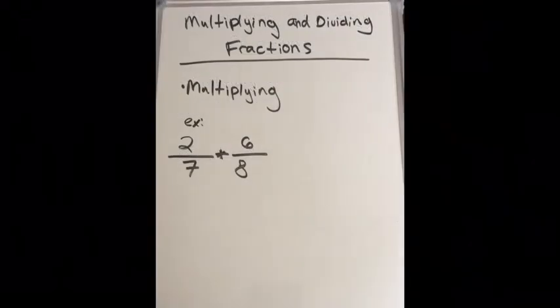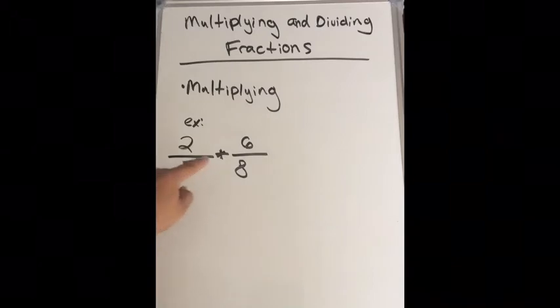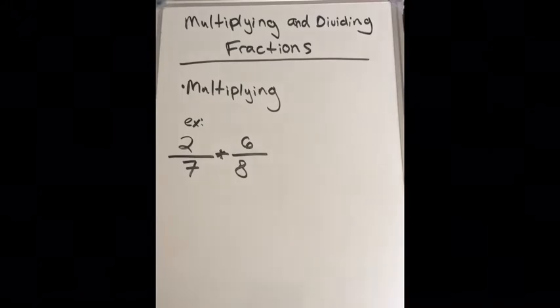First, let's talk about multiplying fractions. Multiplying fractions is not too difficult, as it involves multiplying in the traditional way we're used to. For example, if I have 2/7 and we want to multiply this by 6/8, fortunately we do not need to find a common denominator if they don't already have one.